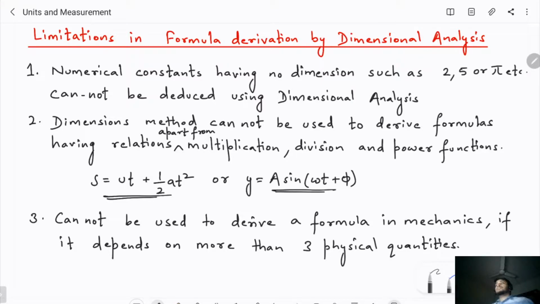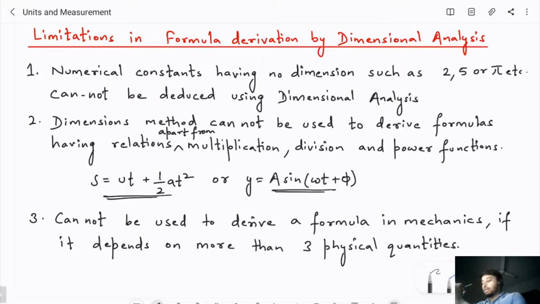This is because the number of equations will be less than the number of variables that we'll get. So in that case we cannot use dimensional analysis to find the formula.